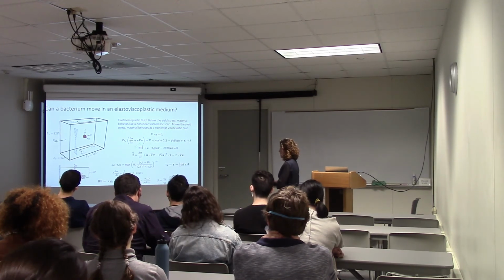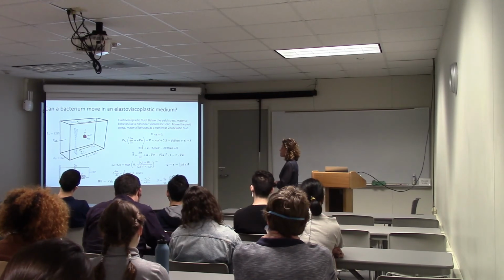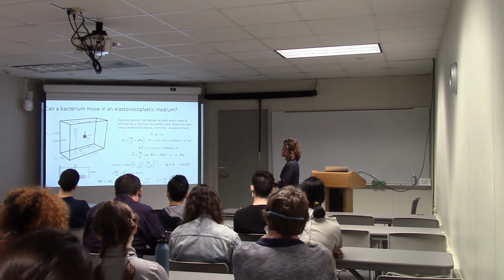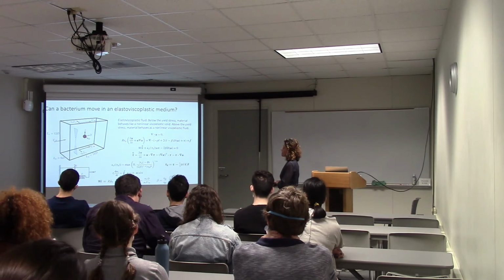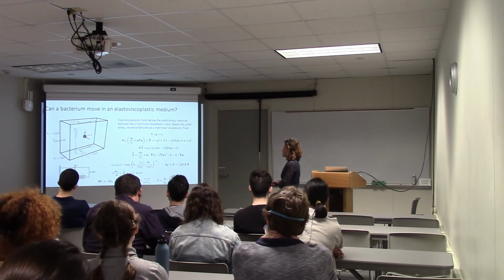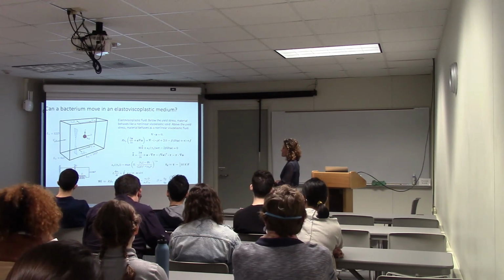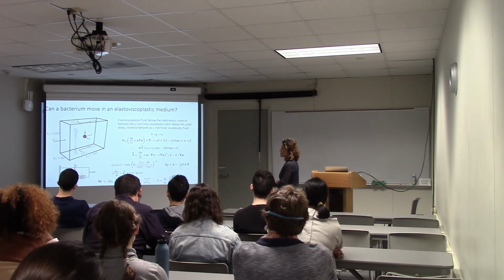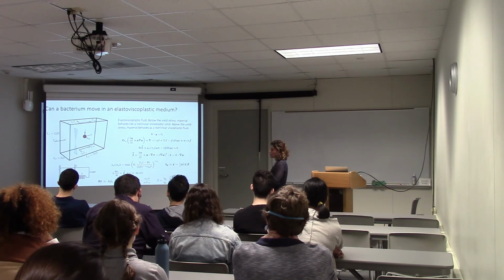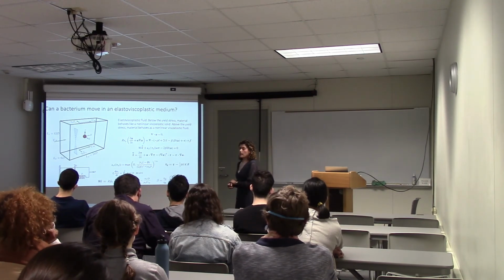These are the governing equations. The simplest way I can explain them is as follows. I have a medium that, if I overcome a yield stress, behaves like a viscoelastic fluid. But if I don't overcome this yield stress, the medium behaves as a viscoelastic solid.